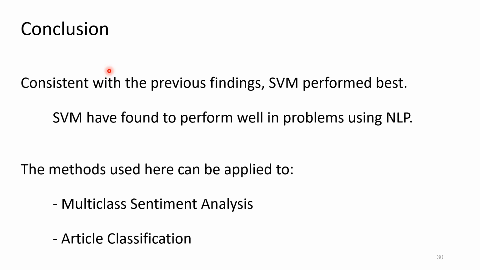For our business objective, specificity is the most important metric in this project, and the support vector machine achieved the highest specificity. The support vector machine also achieved the highest AUC score. So these results are consistent with previous research that showed the relative excellence of support vector machine in sentiment analysis.